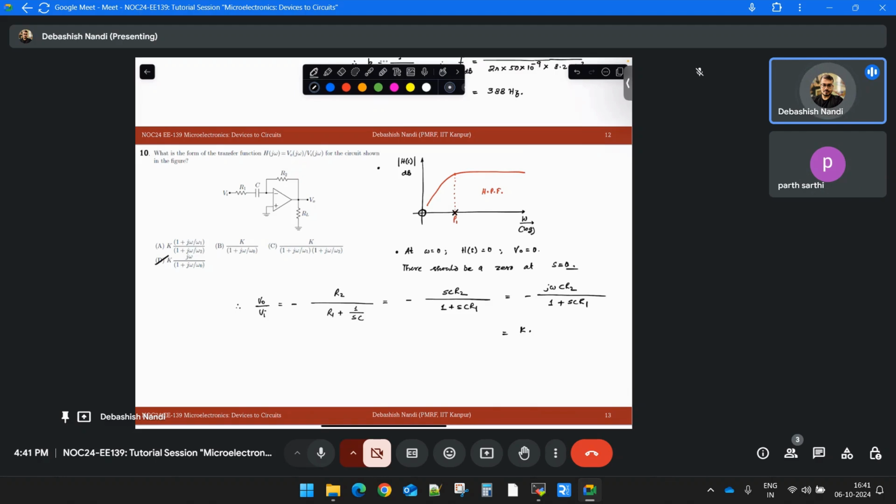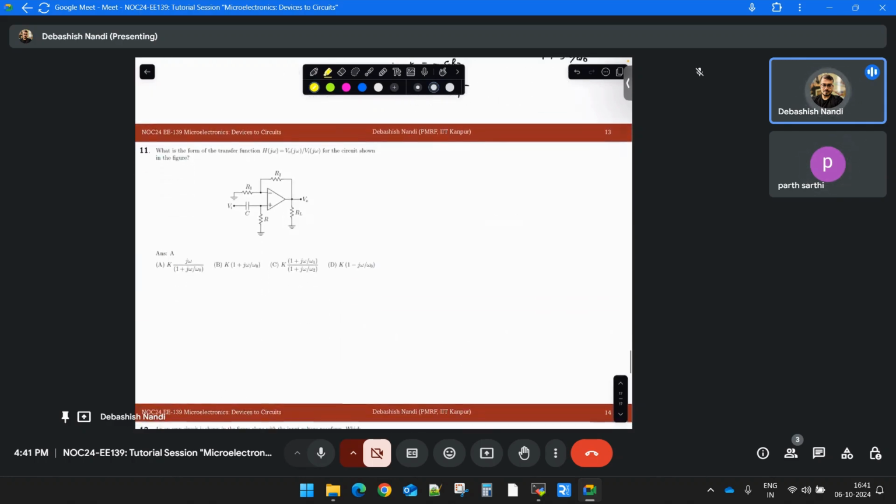So your K times J omega divided by 1 plus J omega by omega 0. What is your K? K is equal to minus CR2. What is your omega 0? 1 over CR1, right? So by inspection, you can solve this problem if you know how to draw these functions, the Bode plots. Okay. So let's move on to the next problem.